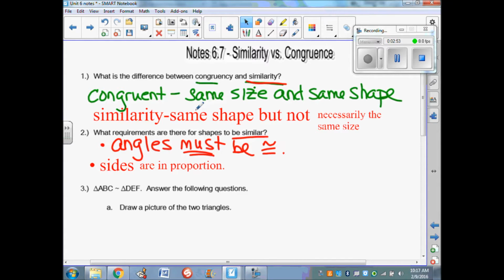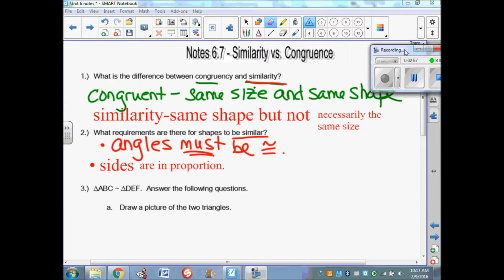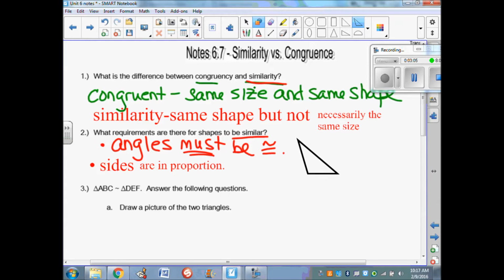I'm just going to find my shapes. And let's do the other shapes. Let's do a triangle. There's one. There's another. Okay. And now I'm going to put some numbers on those two triangles.